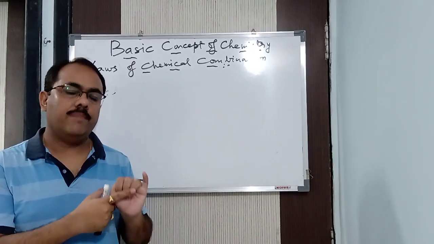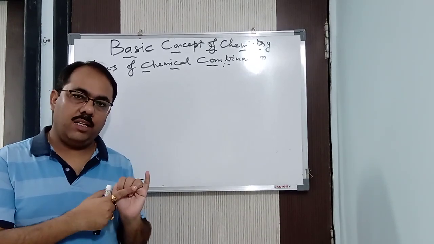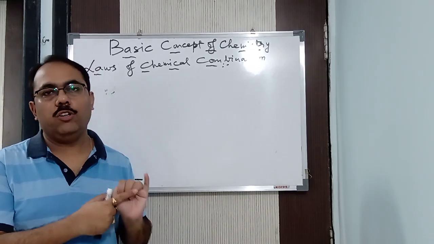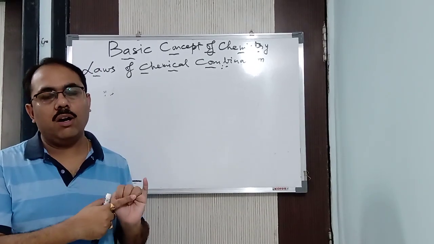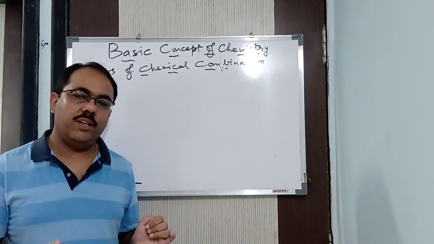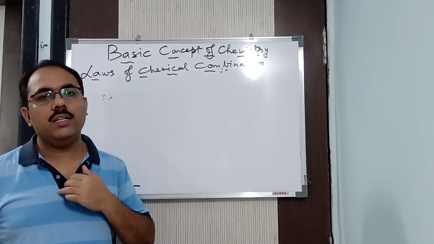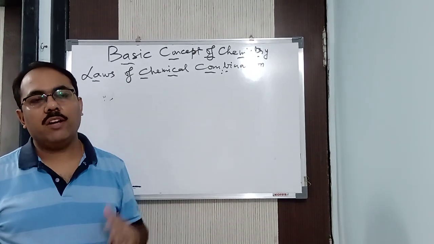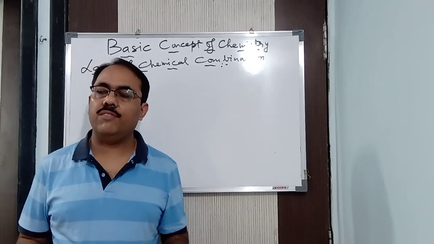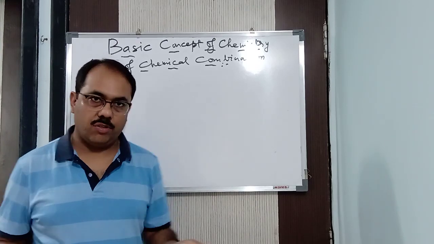And the fifth law, which ICSE students have studied, is Gay-Lussac's law of gaseous volumes, given by Gay-Lussac. So these are the 5 laws of chemical combination. We are going to study them one by one. First we will take the law of conservation of mass, given by Antoine Lavoisier.